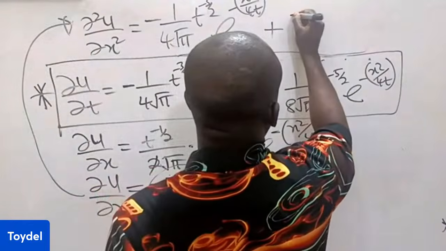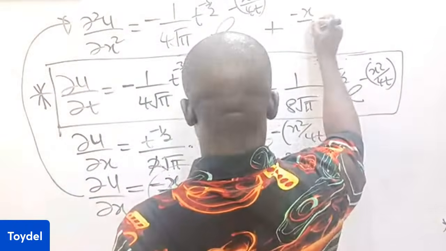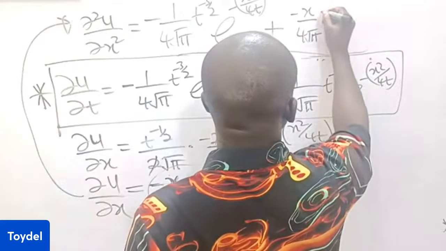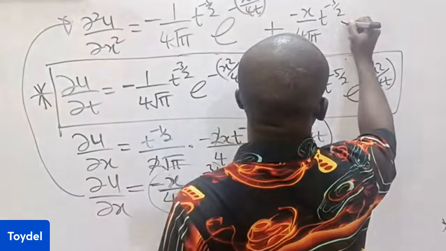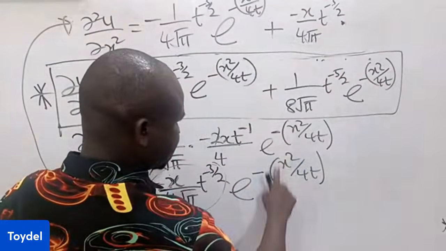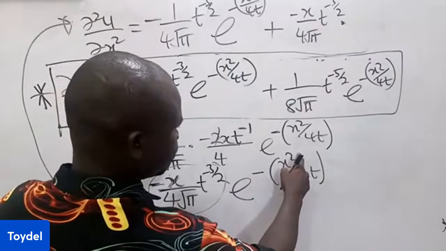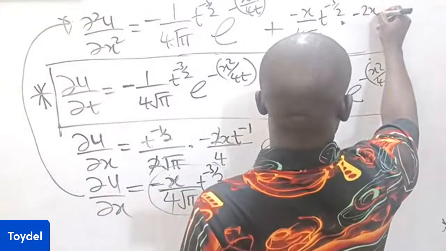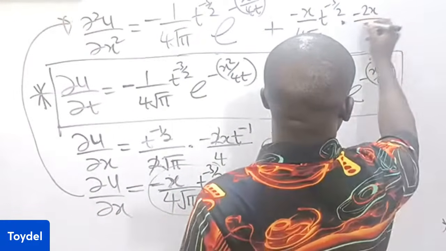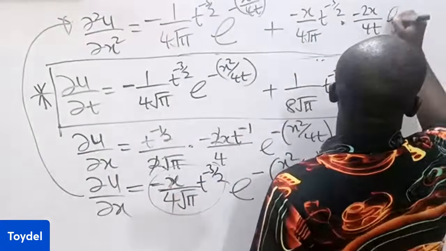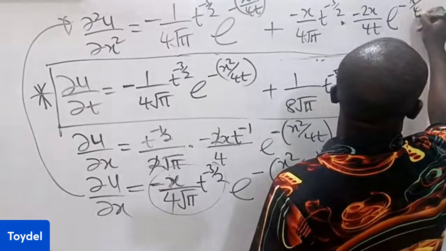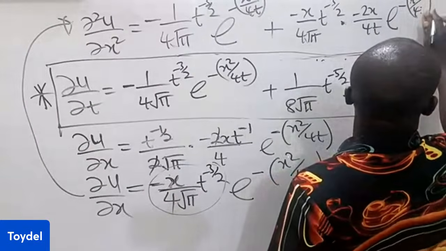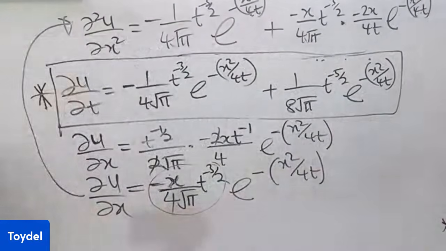This will be minus x all over 4 square root of pi, t raised to minus 3 all over 2, multiplied by, if I differentiate what I have here with respect to x now, it's going to give us minus 2x all over 4t, exponential minus x squared all over 4t. This is what we are going to get.